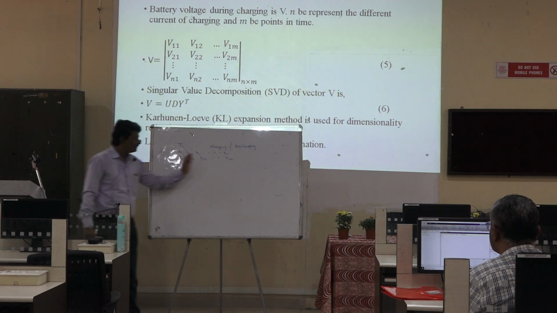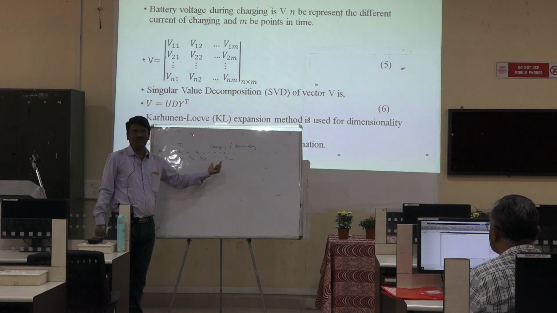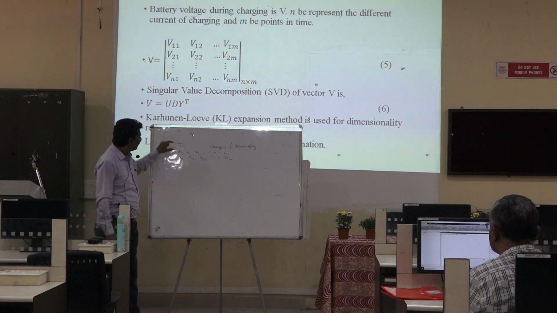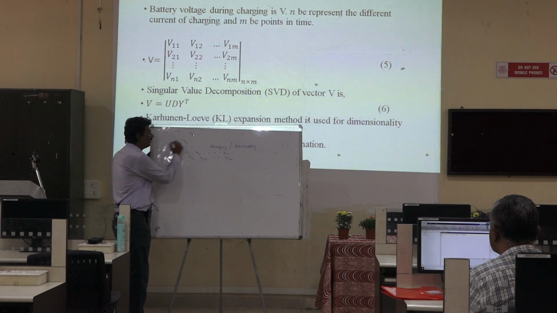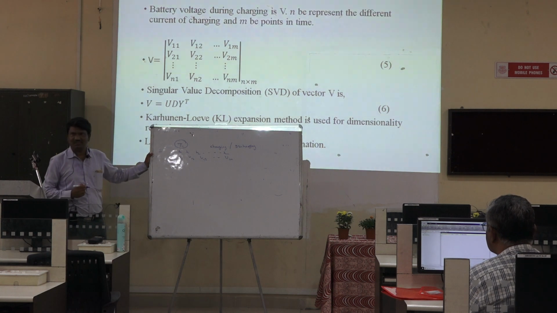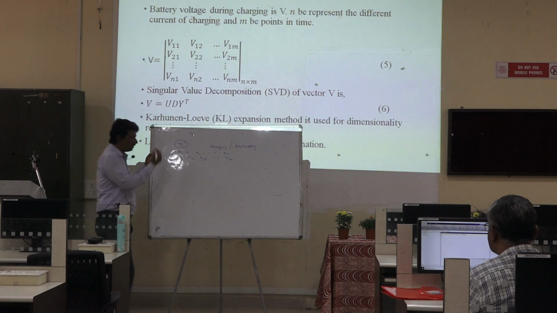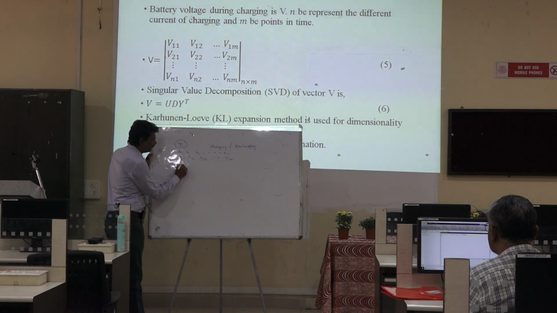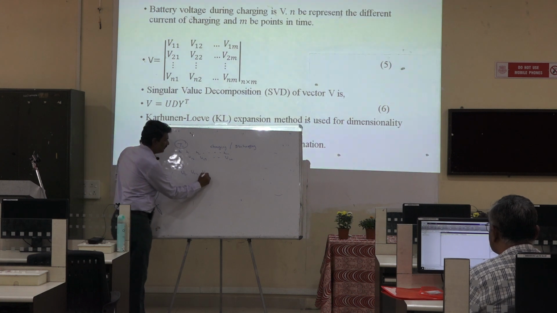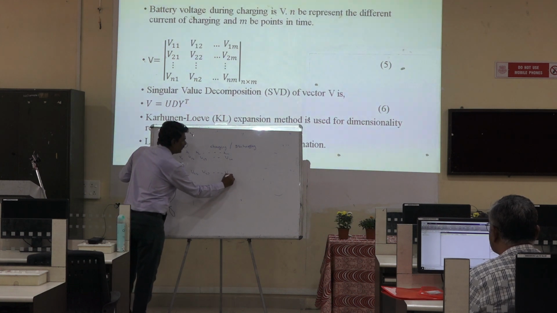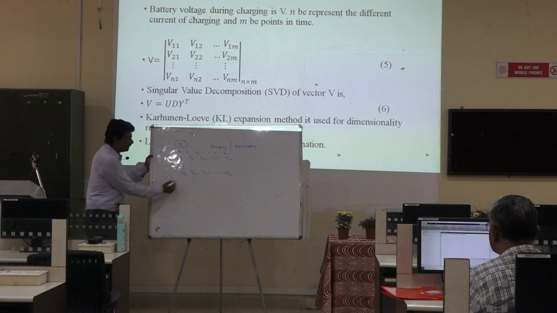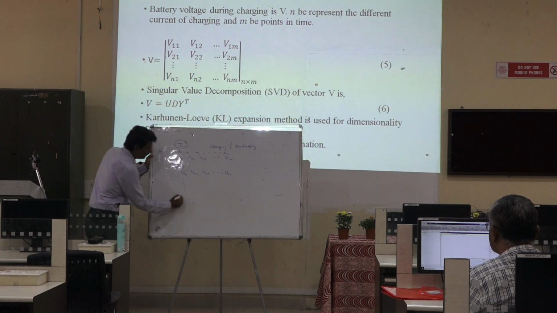So on the time axis, we are measuring the voltages for a constant charging current or constant discharging current. For the next current I2, we do the same thing, V21, V22, V23 up to V2M. Likewise, this we can increase up to IN.